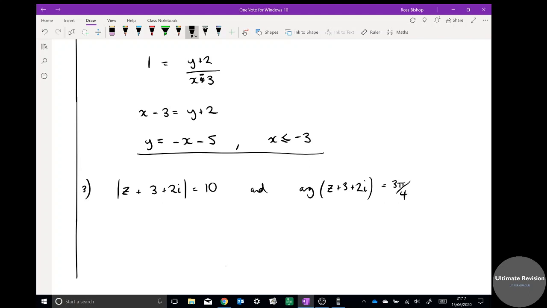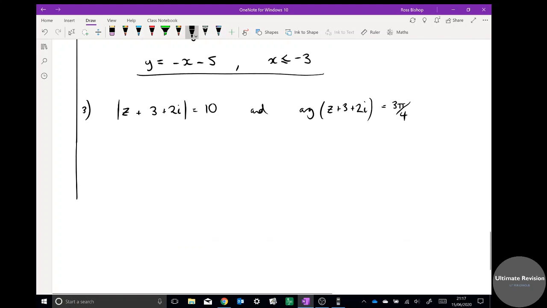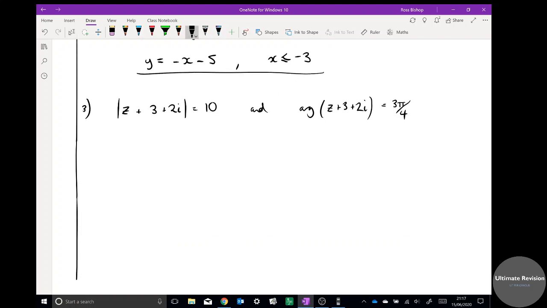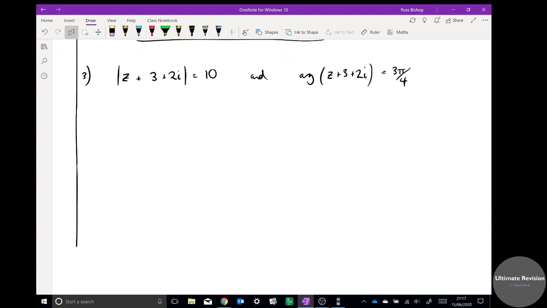So we're trying to find the coordinate that satisfies both of those. Now, if we look at the left-hand side one, you should notice that that is a circle, and it's going to be z minus minus 3 minus 2i equals 10.